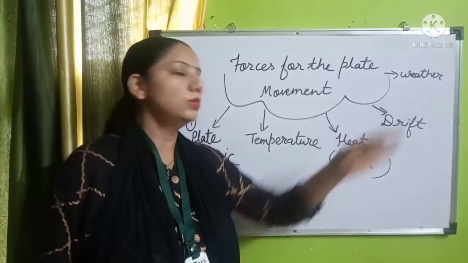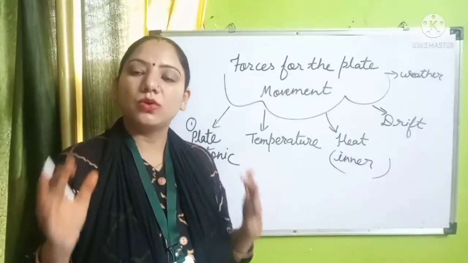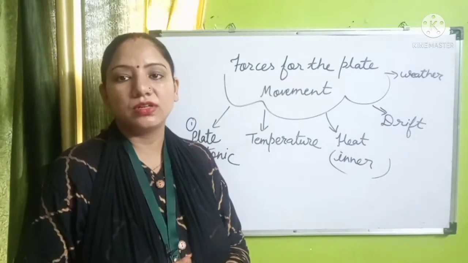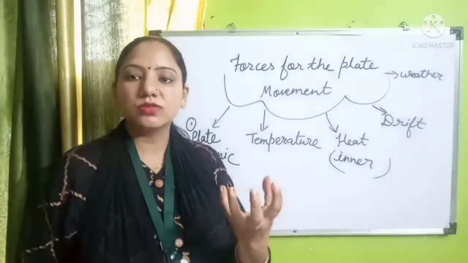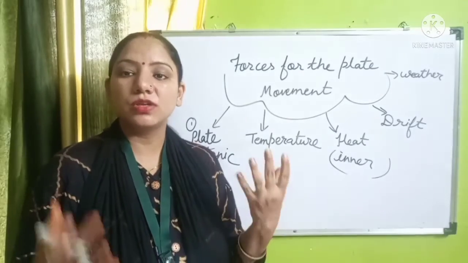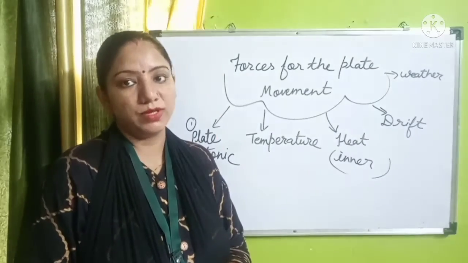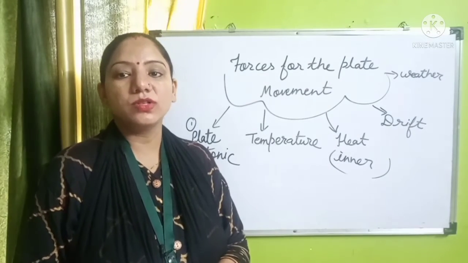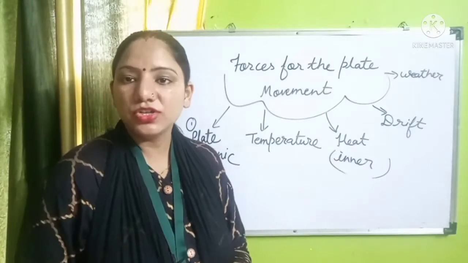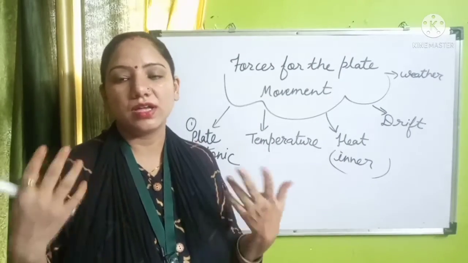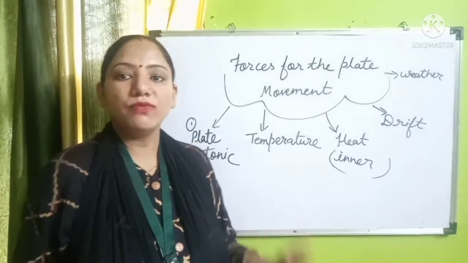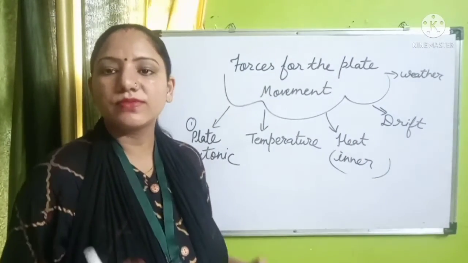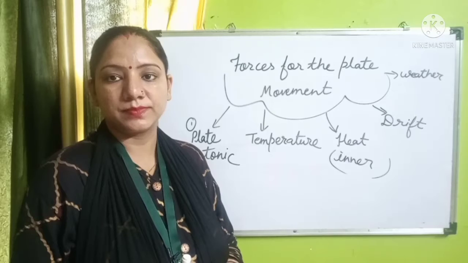And through the cold, when the weather is of the winter, the metal shrinks, due to which the plates also get a different type of movement. Likewise, the water due to rainfall also helps the denudation process, through which the plates start to move. Now we will see these forces in detail with the help of slides and pictures.